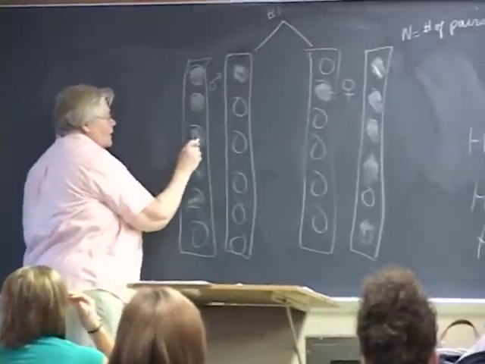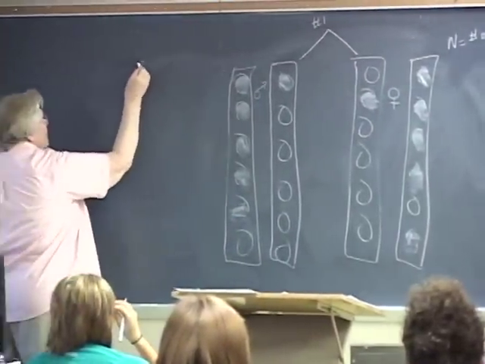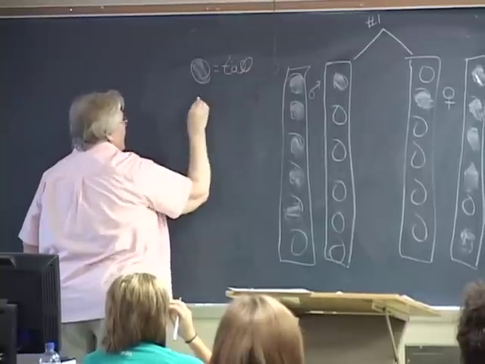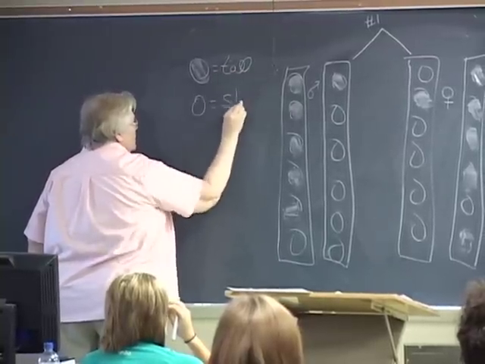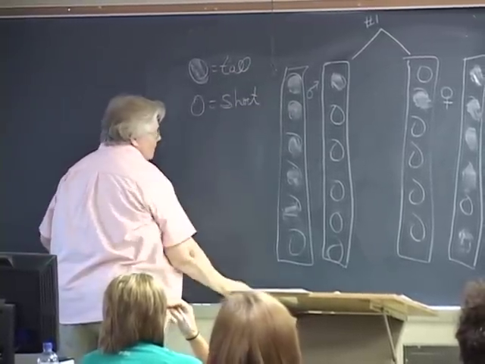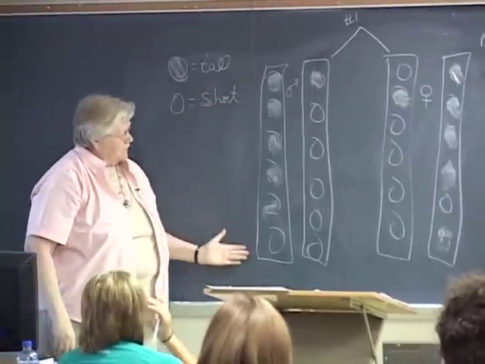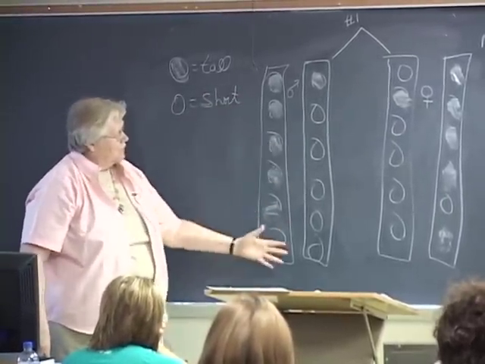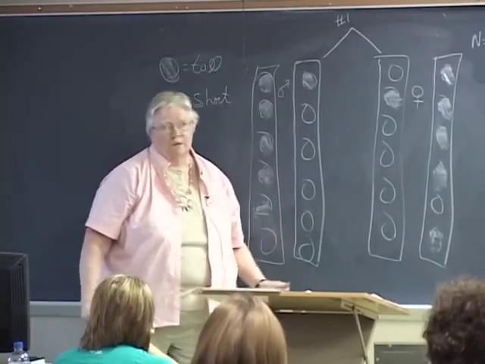The circles that are filled in represent tall, and the empty circles represent short. There are six genes on each chromosome. Tommy has 6 talls and 6 shorts. Susie has 6 talls and 6 shorts.